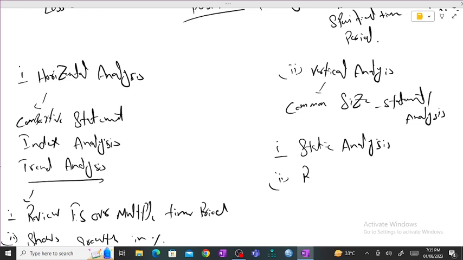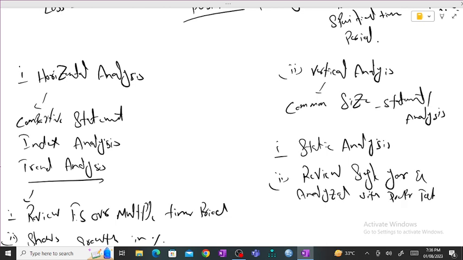It reviews a single year and analyzes it with proper techniques. Now we will do horizontal analysis, or you can say trend analysis, and common size analysis for both the income statement and the balance sheet.